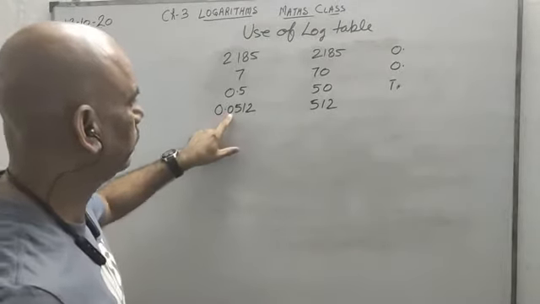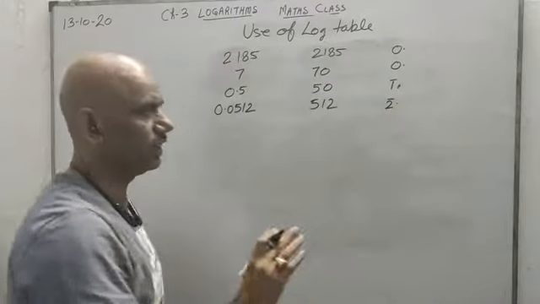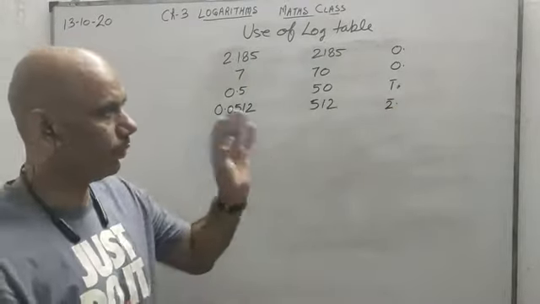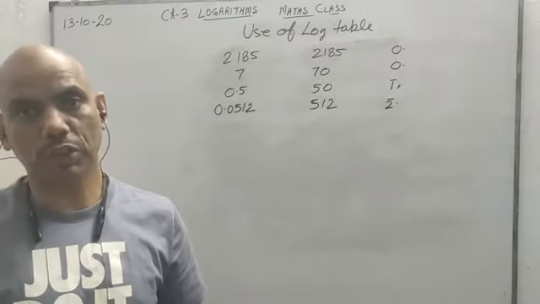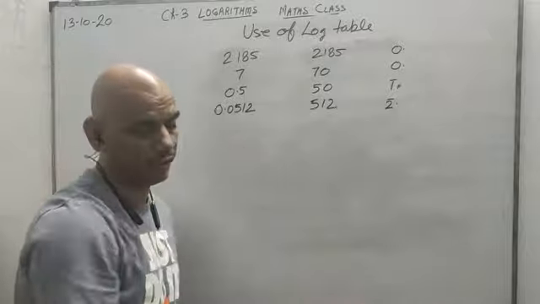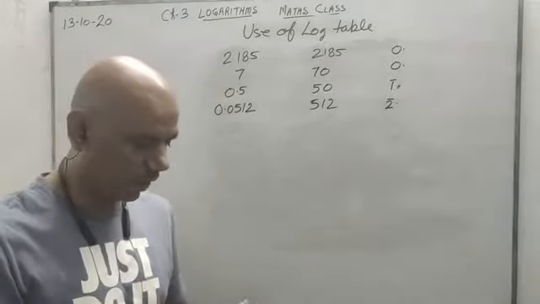There is 1 zero here, so the characteristic of this will be 2 bar. So this way we will get the number before the decimal. Now whatever number I get from this log table will come after the decimal, and that is known as the Mantissa. So for 2185, how will I go?